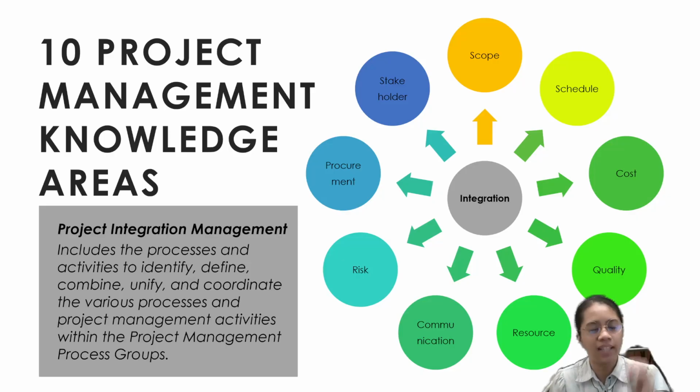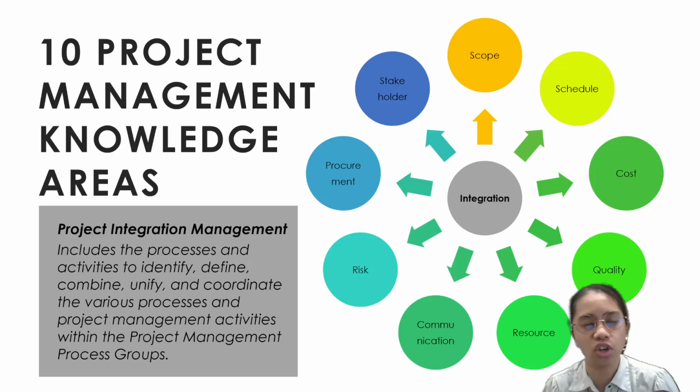Remember, if any one of these is not implemented well and executed well in any phase of the construction, problems might arise and the client might not be happy with the result. So as our role as a construction management specialist, we should know all of these 10 project management knowledge areas so we can provide good quality service and good value in every construction that we are doing.